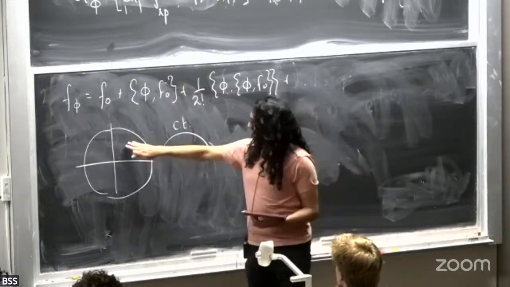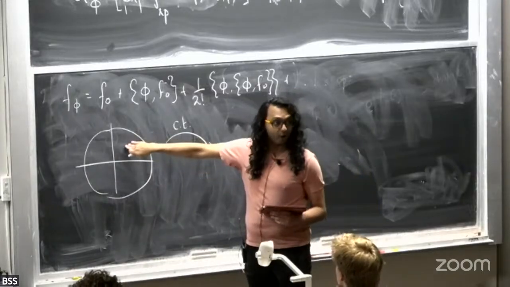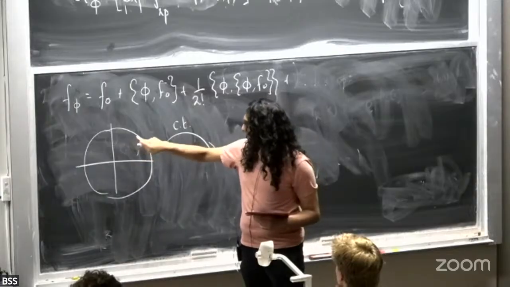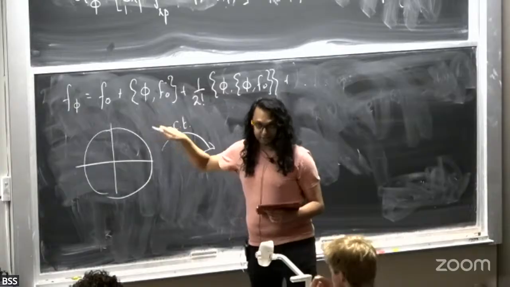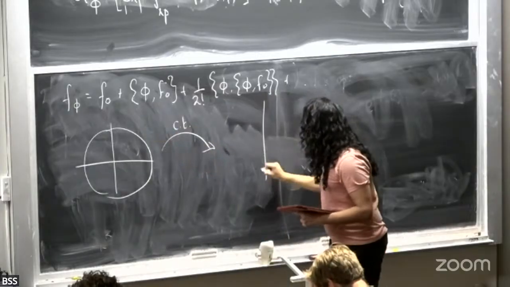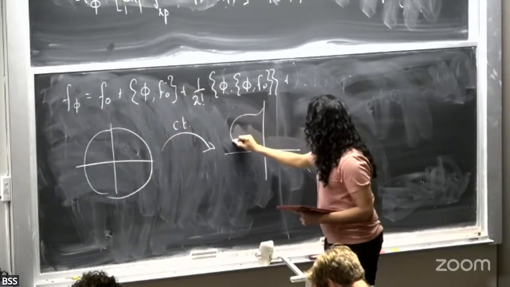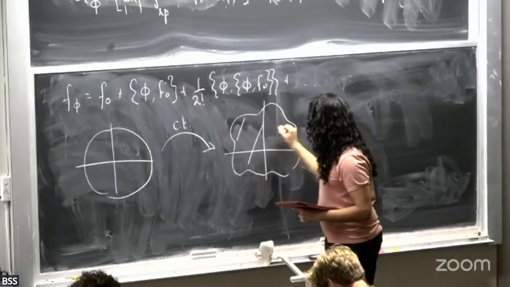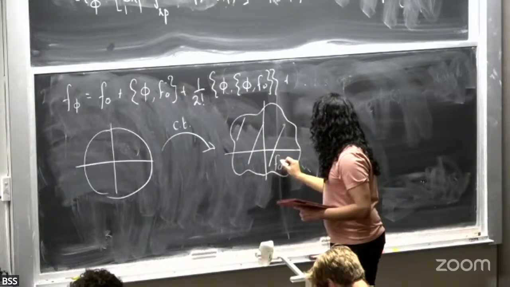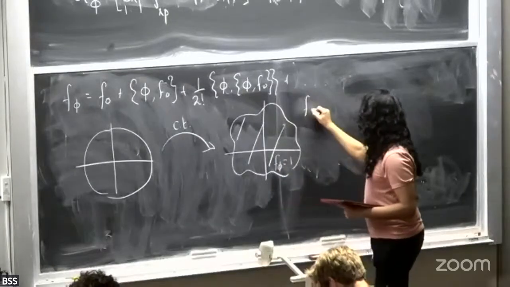And canonical transformations, because they have to preserve volume, they can't change the fact that f naught is 1 within a closed surface and 0 outside. They're continuous deformations. So all it does is give you some different shape within which f phi is equal to 1, and then f phi is 0 outside.